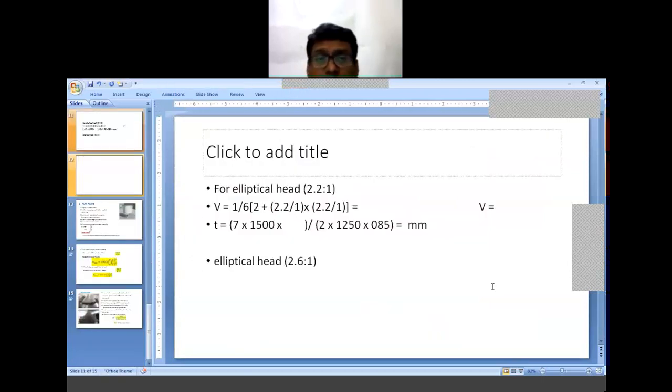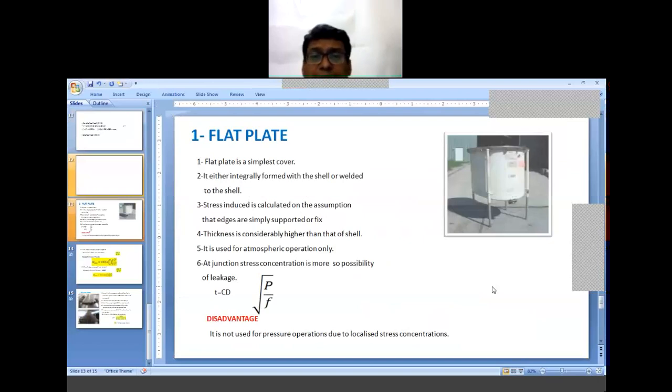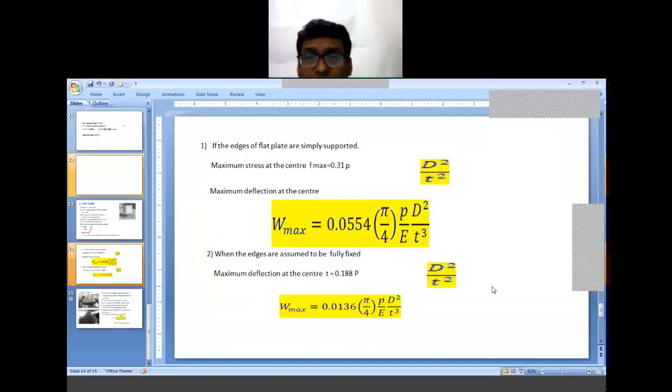The next is related to the plate thickness, the flat plate. I can also use a flat plate instead of the torus spherical head, hemispherical head or elliptical head, which will be of minimum cost. But what will be the cost that is required?